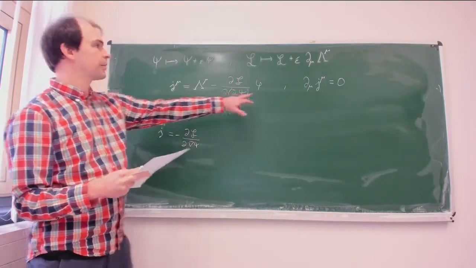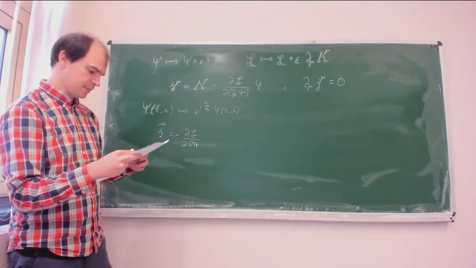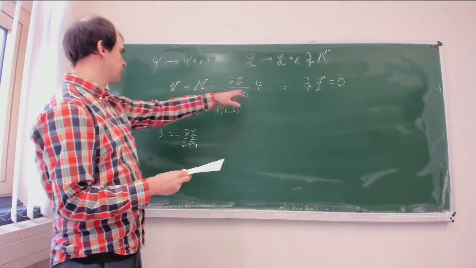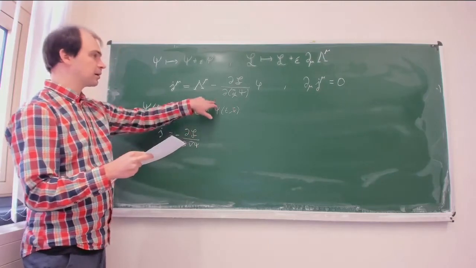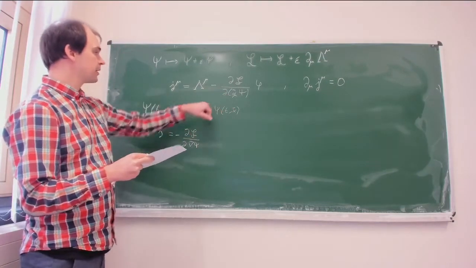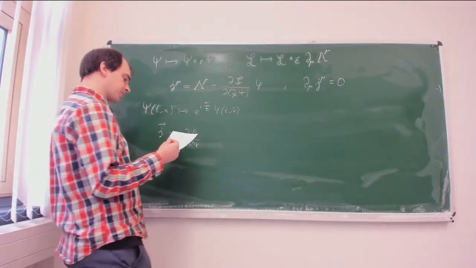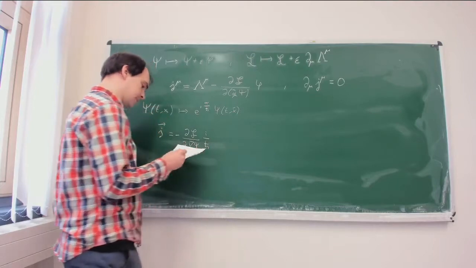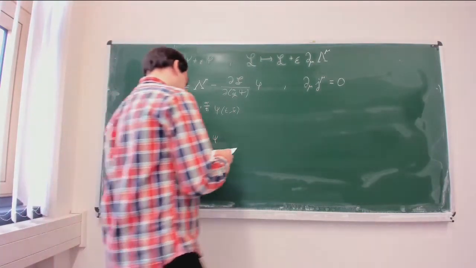And now our phi here is I divided by h bar, and alpha is our small parameter, we assume. So we get I divided by h bar psi.